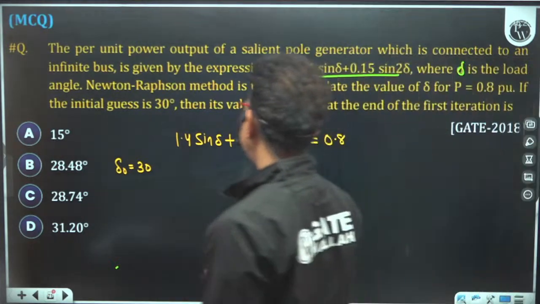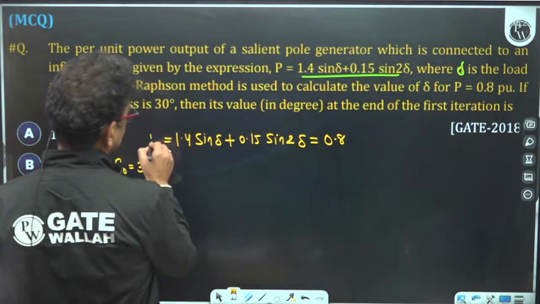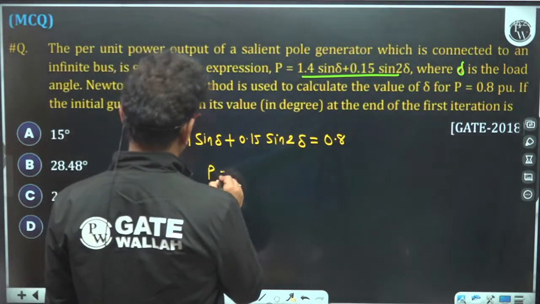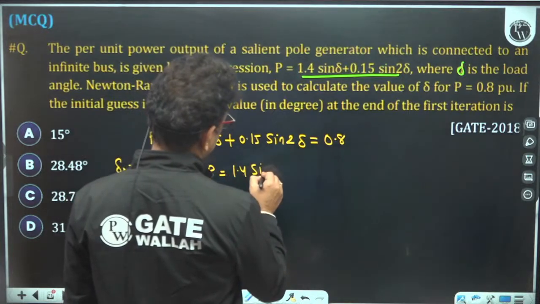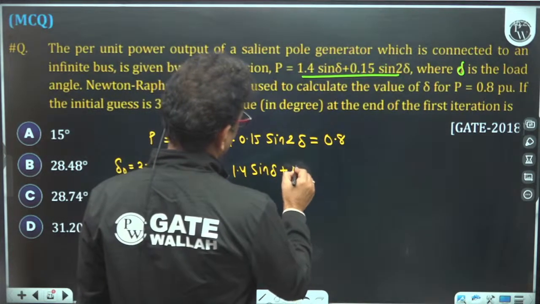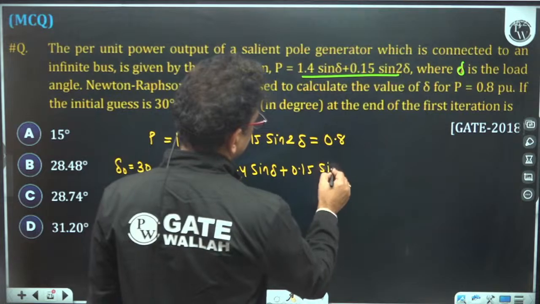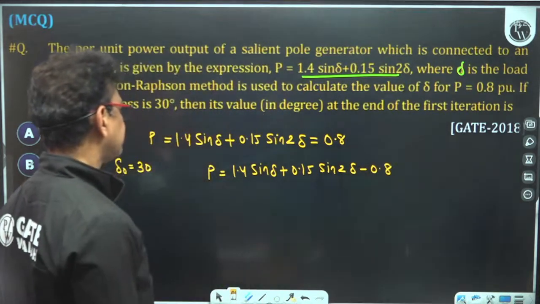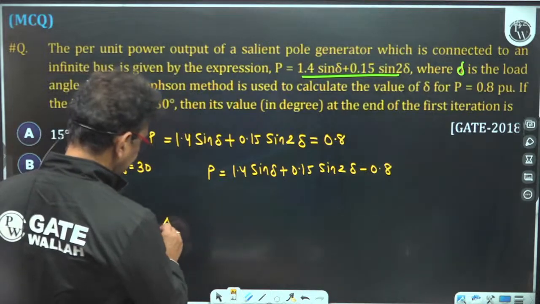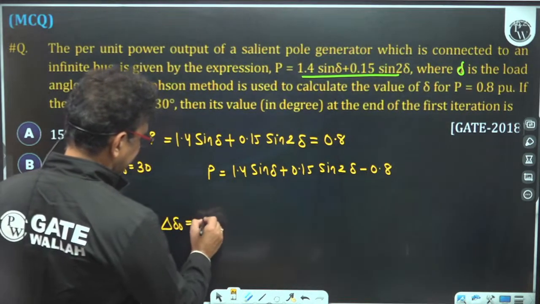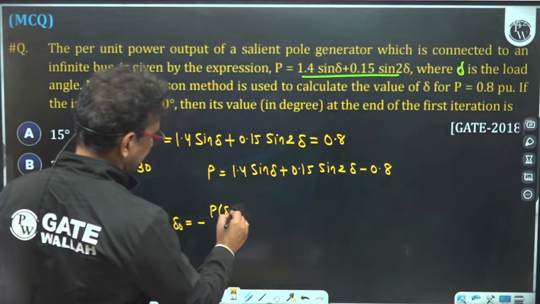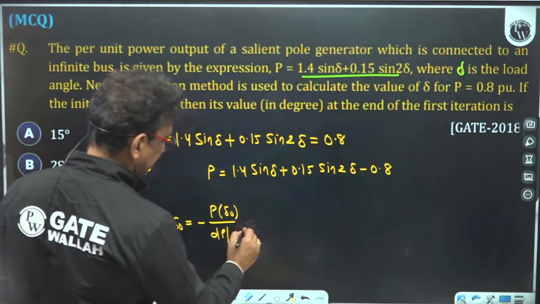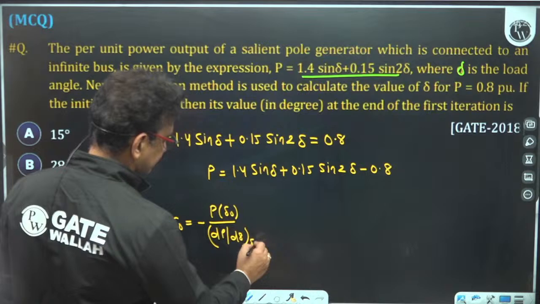So this is my P. It's 1.4 sine delta plus 0.15 sine 2 delta minus 0.8. We find out del delta, which is nothing but P at delta naught over dP upon d delta at delta naught.